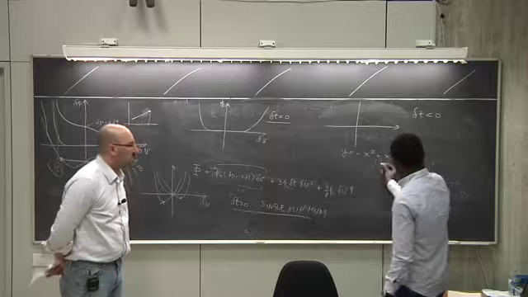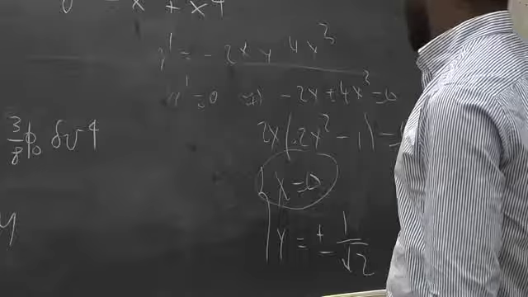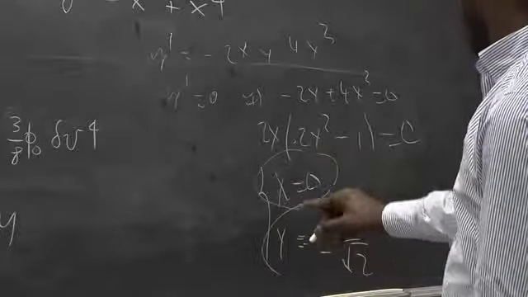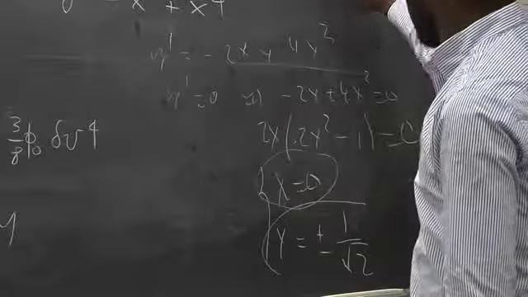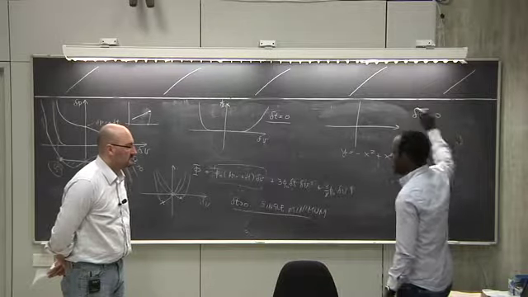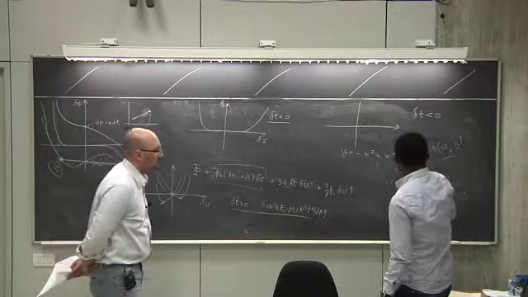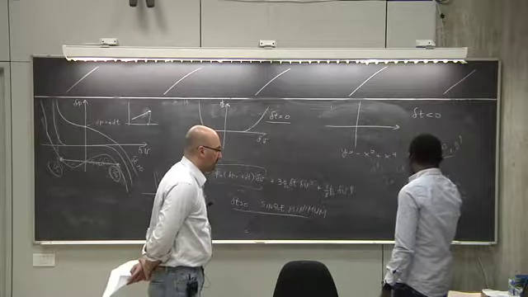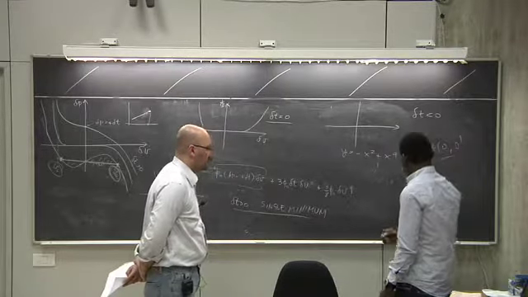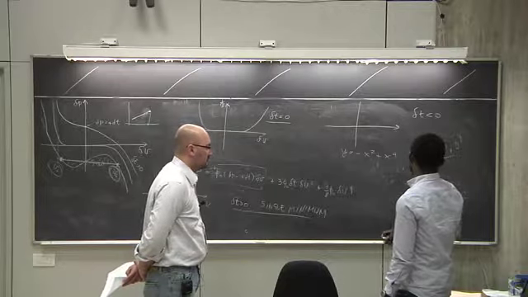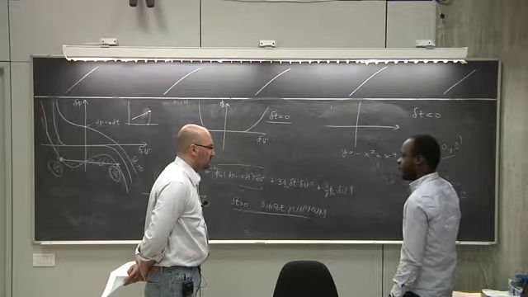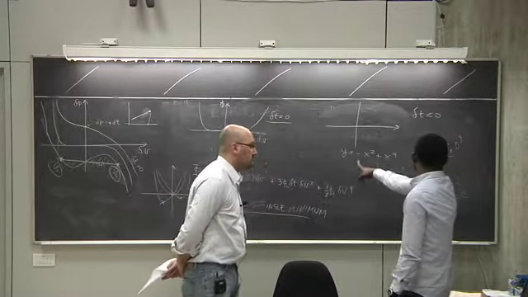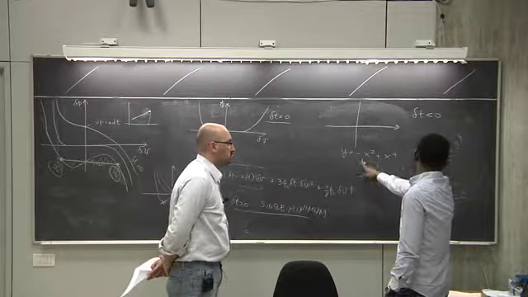So the first derivative vanishes for x equals 0 and for these other values of x. How can I draw this function? For x equals 0, I get this point here, and then for x equals plus and minus this value. In between it will be negative.